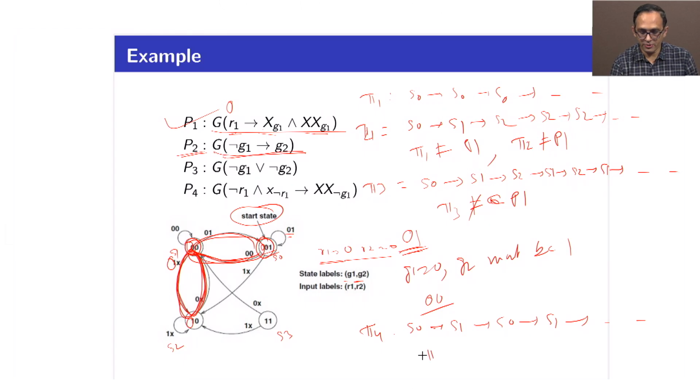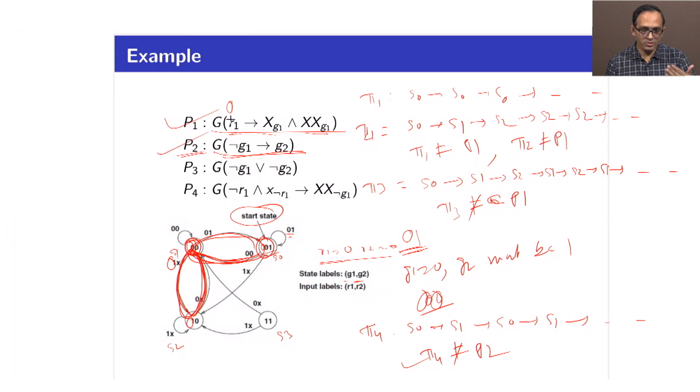Again, pi 4 does not satisfy P2, because I found a path here where I go to this state 0 0, but the requirement is that if G1 equal to 0, G2 must be 1. It means the 0 0 state should not be reachable from the start state, but it is happening here, right. So, again I found a counter example that violates property 2.